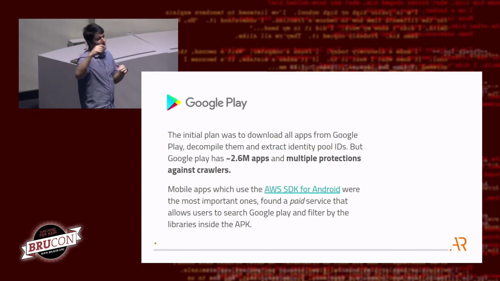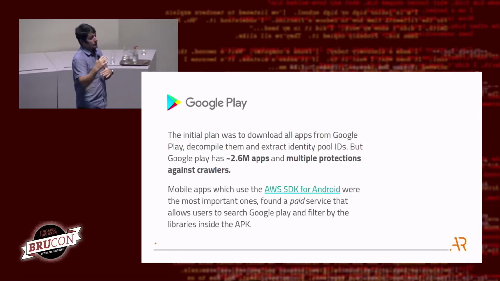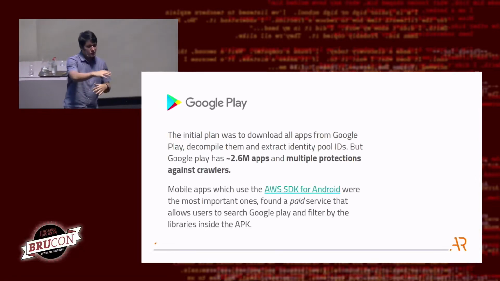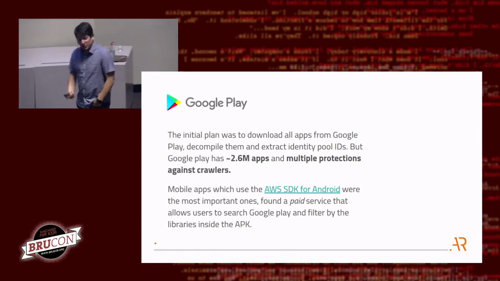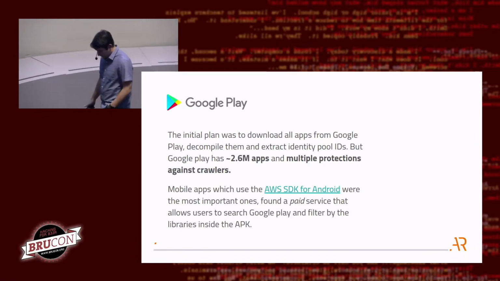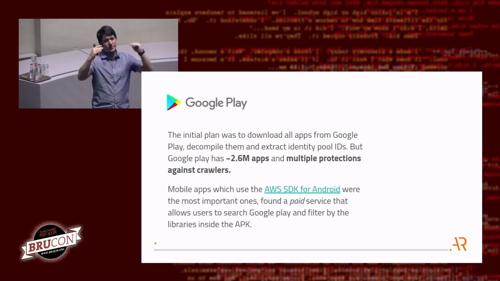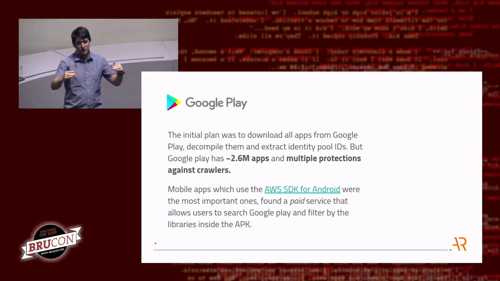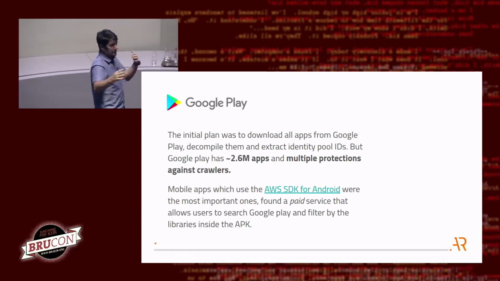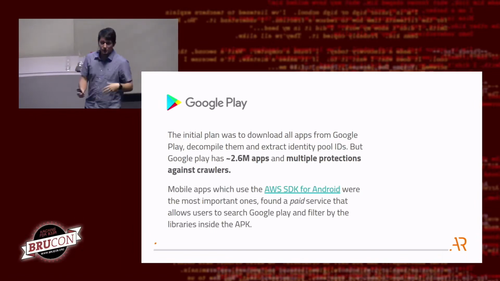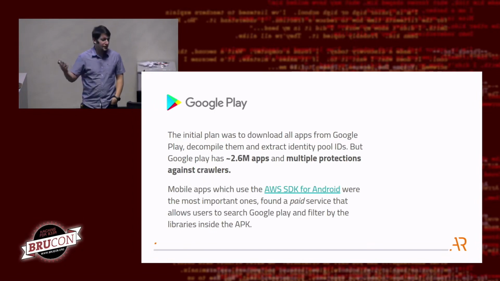So that service is going to return all of the applications in Google Play that use the AWS SDK. That service is great, but one of the things that I said in my description was, you subscribe, you pay a lot of money, and then you search. And I didn't want to pay a lot of money. So I kind of hacked that service and got the results anyway. That's why I'm not saying the name of the service provider.